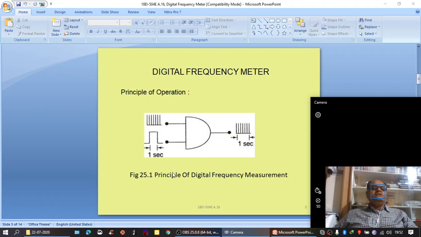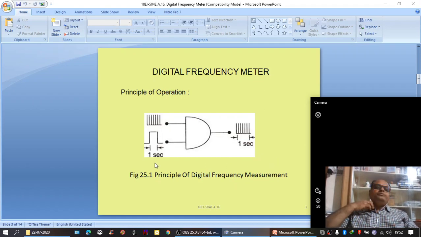Suppose if the gating pulse width is 10 seconds, then in 10 seconds the counter has counted N number of pulses. So in 1 second, naturally it would be N by 10. So the frequency of the signal, unknown frequency of the signal, is simply N by t.